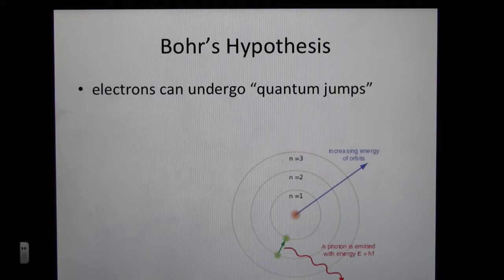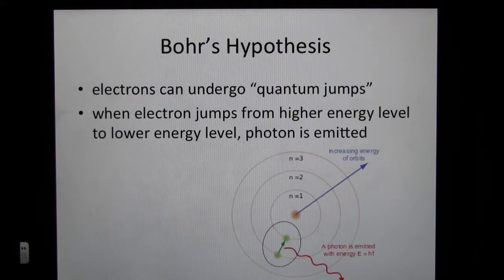When an electron jumps from a higher energy level to a lower energy level, the electron loses energy and a photon is emitted with a certain energy and frequency. The energy that the electron loses is the energy that the photon carries, by conservation of energy.